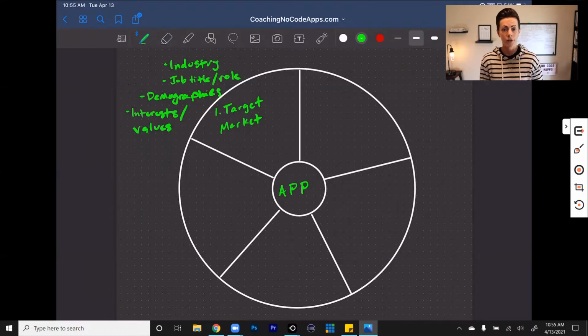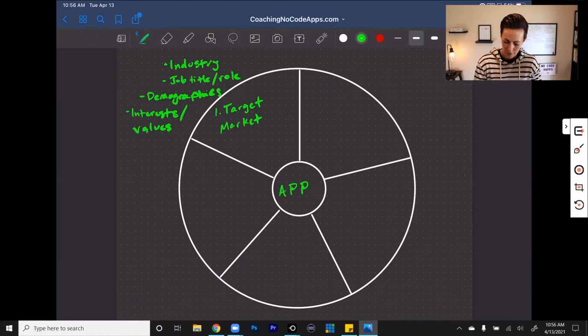You can define your target market by the interests they have, by the values they hold, right? Think about from a bigger picture standpoint, how you're going to start to differentiate your app from existing alternatives out there. And these things start to play a bigger role. So this is the number one thing that you need to make sure you have down at the very start. Who is your app for?